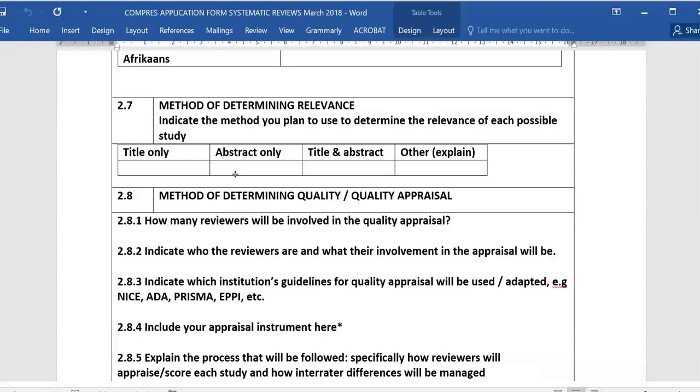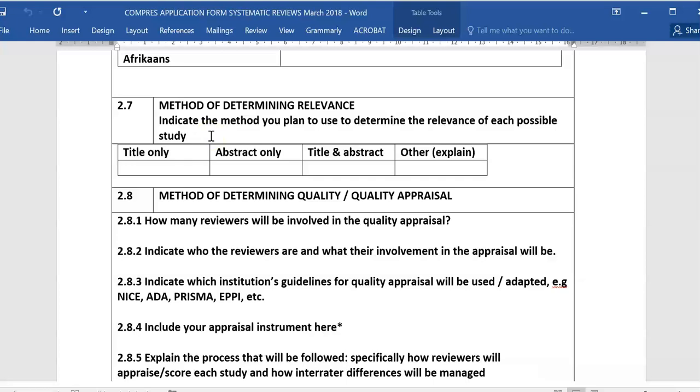you have to devise a method of determining the relevance of the article. Okay. So the method has to be described, and there are different methods of doing it. You can have a table with criteria, and this determining of relevance is almost the same as having inclusion and exclusion criteria for participants in an empirical study.